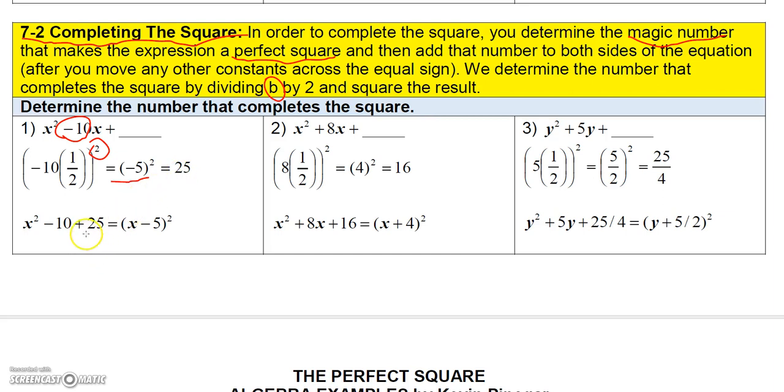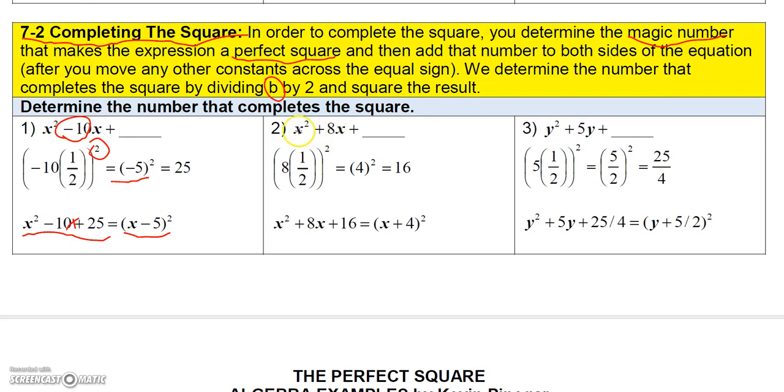So if we add 25 to these two terms, that will make this a perfect square trinomial. In other words, it would now factor into x minus 5 quantity squared. Looks like I left the x out right there. Okay, but it factors into x minus 5 quantity squared.